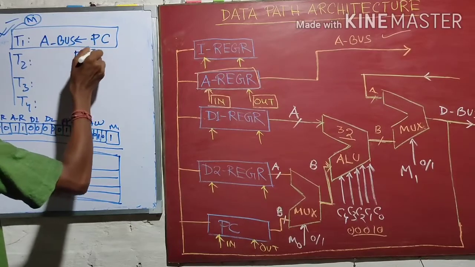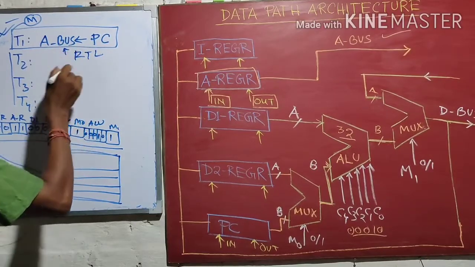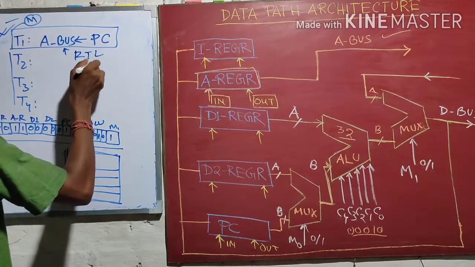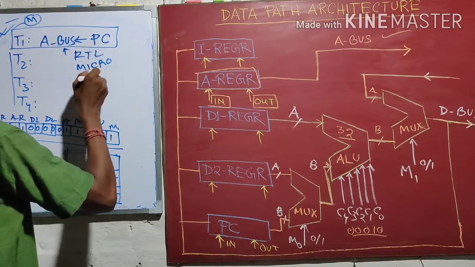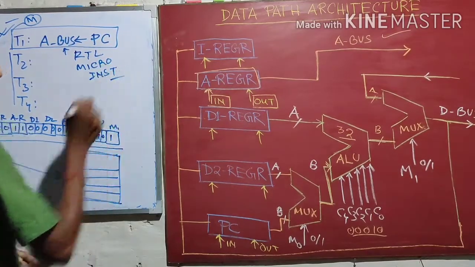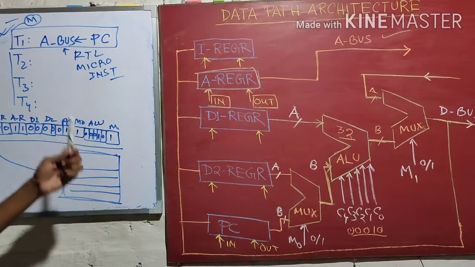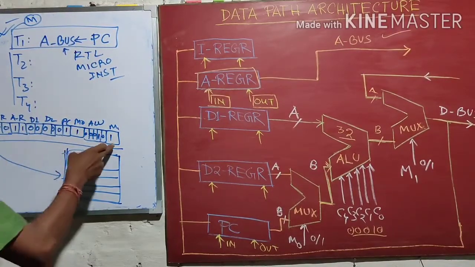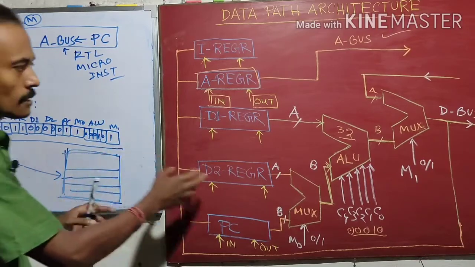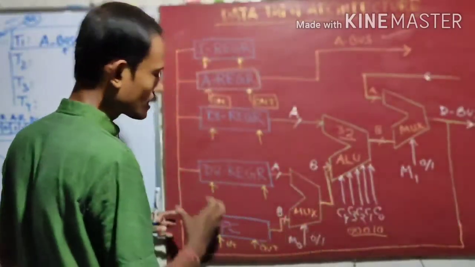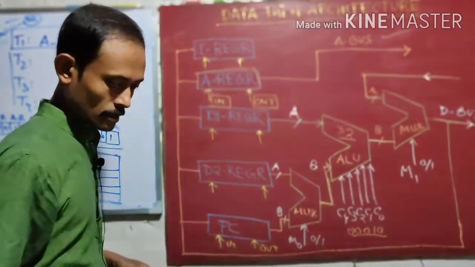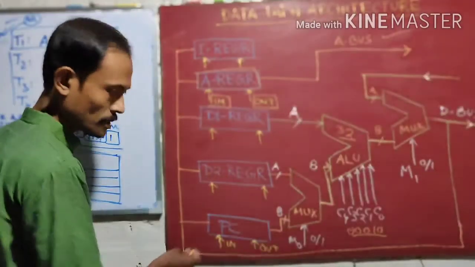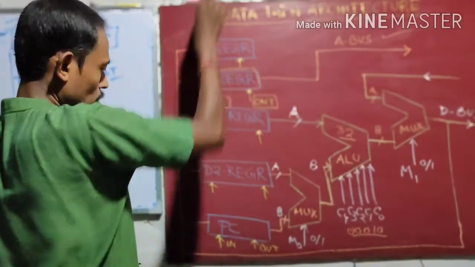This RTL means register transfer level, or micro instruction. So to execute this micro instruction, or RTL, or state, the controller will generate these control signals, and these control signals actually set the path, and that particular path will be this.